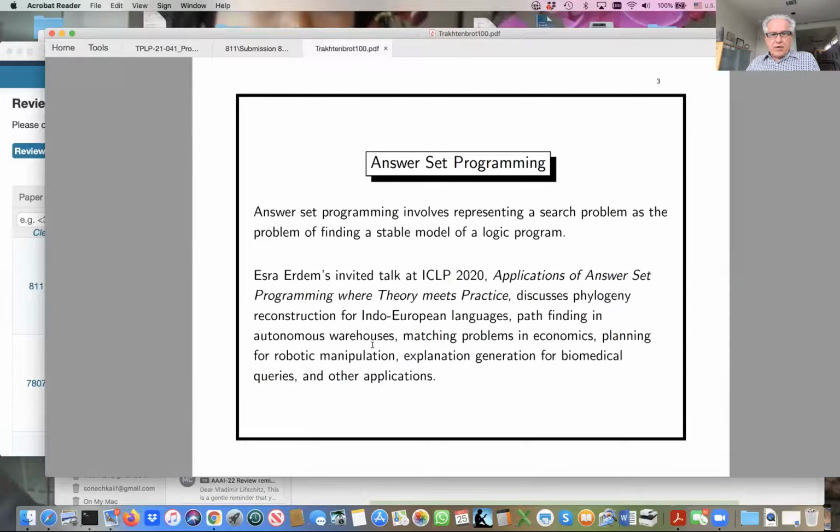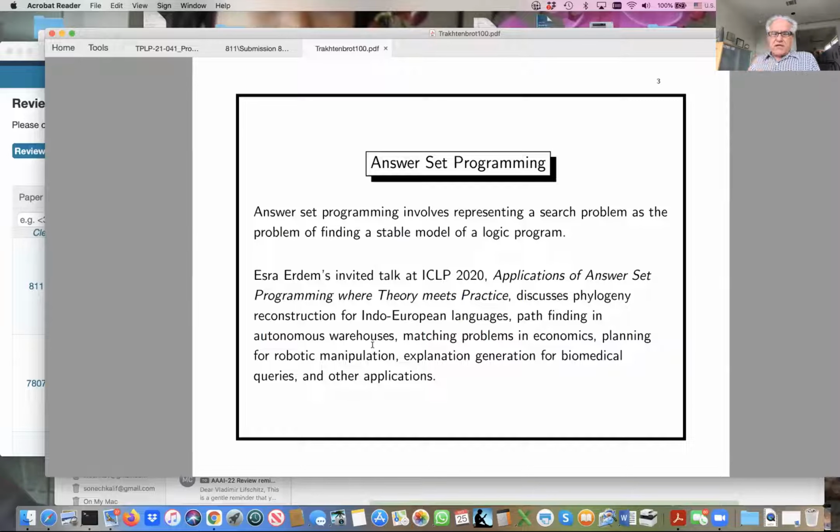And one other thing I wanted to say before I give the definition of a stable model is why answer set solvers are important and why much attention was given in recent years to creating these systems. They are useful because they serve as a main computational tool in this programming methodology called answer set programming.